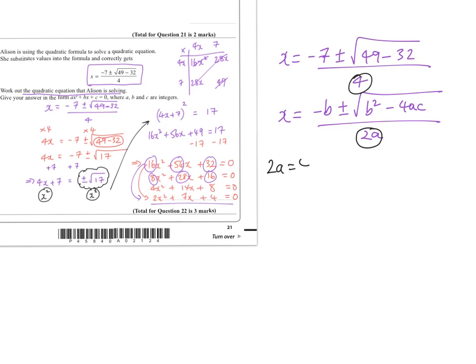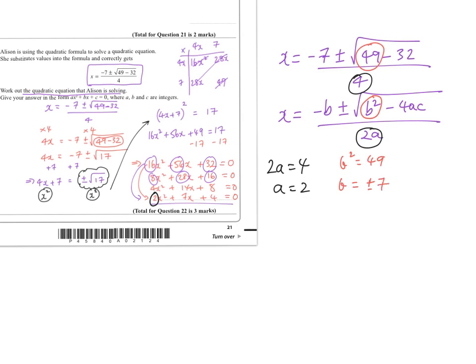So if 2a equals 4, then a equals 2, which was what we had here. And we can see that the b squared part is 49. So if b squared is 49, then we could deduce from that that b is plus or minus 7.